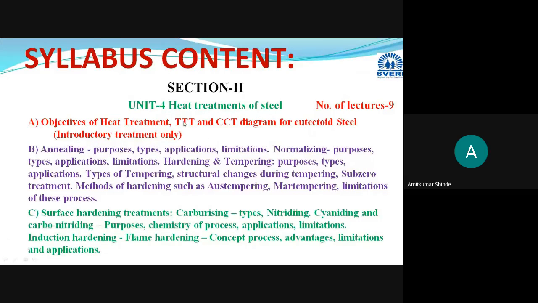One or two theoretical questions from this part B, and one compulsory question related to drawing. You have to draw the TTT diagram and impose the annealing process curve, normalizing process curve, and hardening and tempering process curve on that TTT diagram. That one compulsory question will be there, and 2 questions will be there for 6 to 7 marks each on the surface hardening treatment.